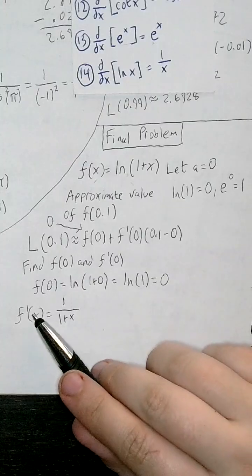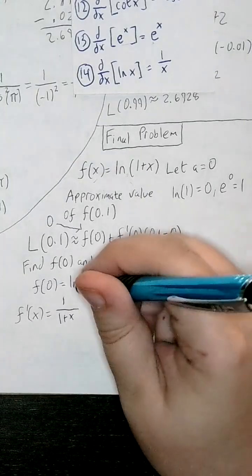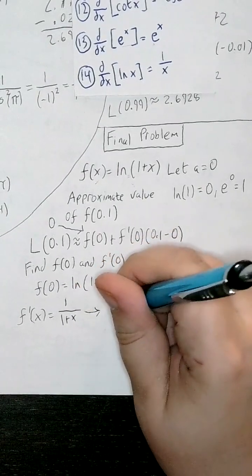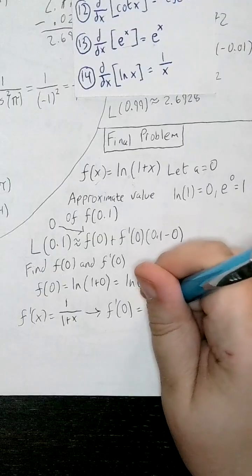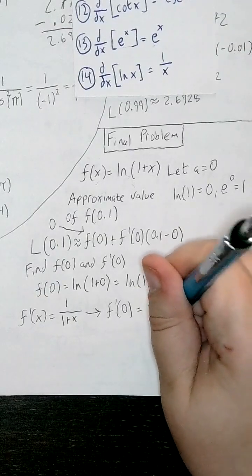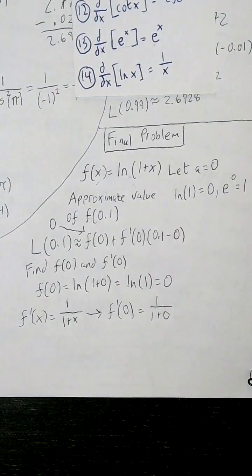So now I'm going to plug in 0 here. f prime of 0 is equal to 1 over 1 plus 0. What would that give me?